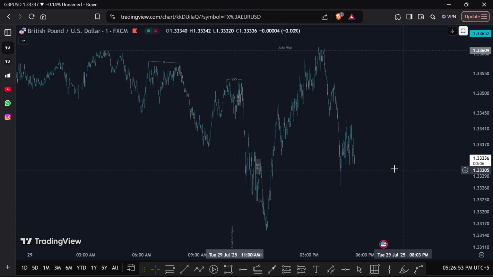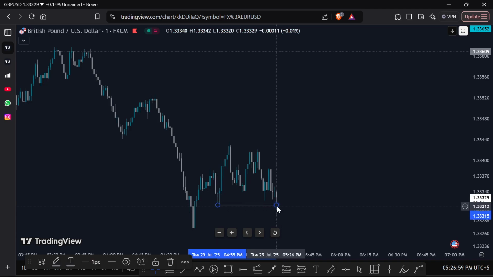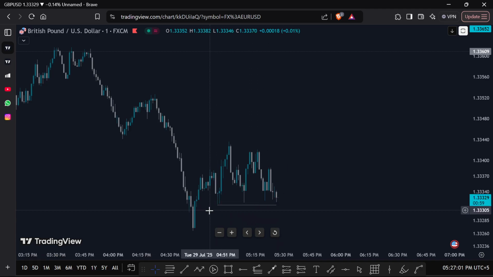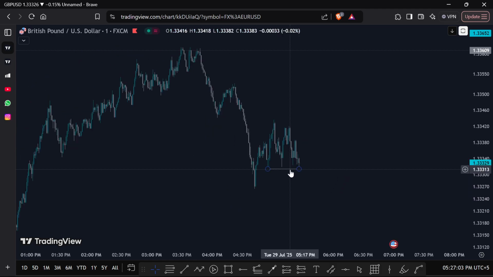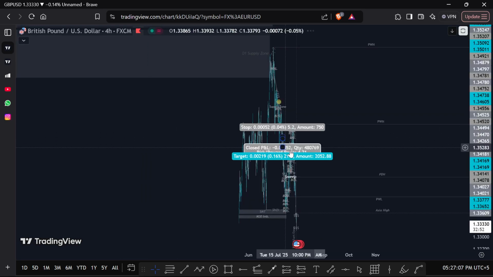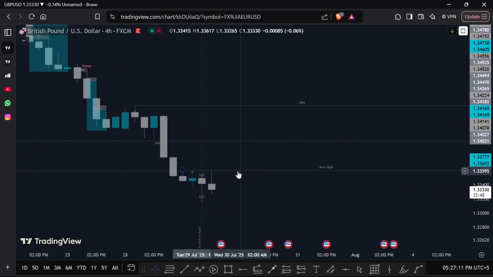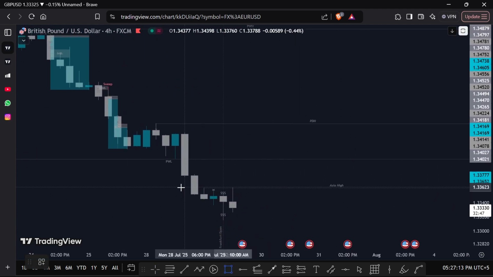So we have to keep a close eye on these sell side liquidity points. A close eye on liquidity points in today's market condition will be really helpful. Wait a second, if we look at 4-hour imbalances in the market today on GBPUSD, let's mark them out. One is here, the second one is here.